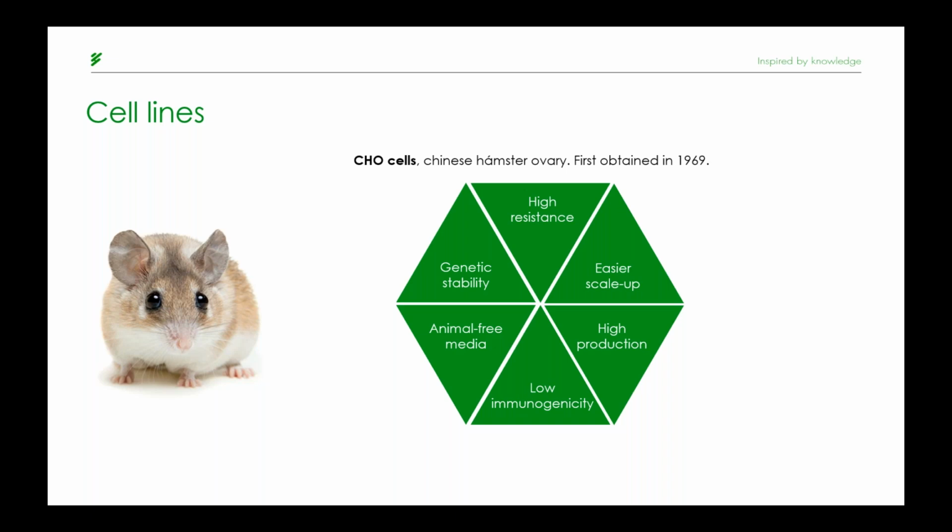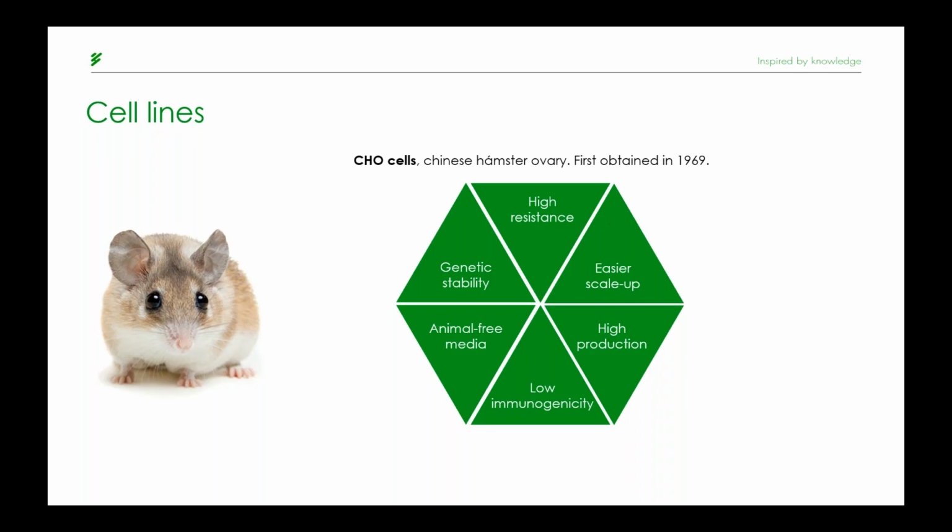But why are CHO cells so popular? These cells were obtained from Chinese hamster ovary in 1969, and since then they have been widely used in laboratory research, and then rapidly became the favorite cell line in the synthesis of biological drugs.